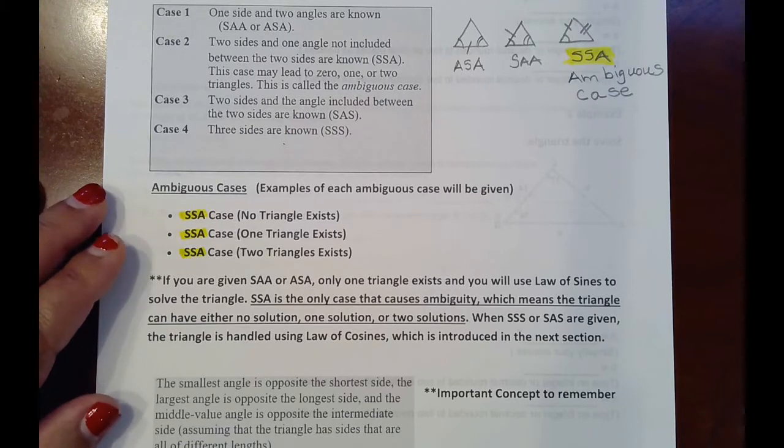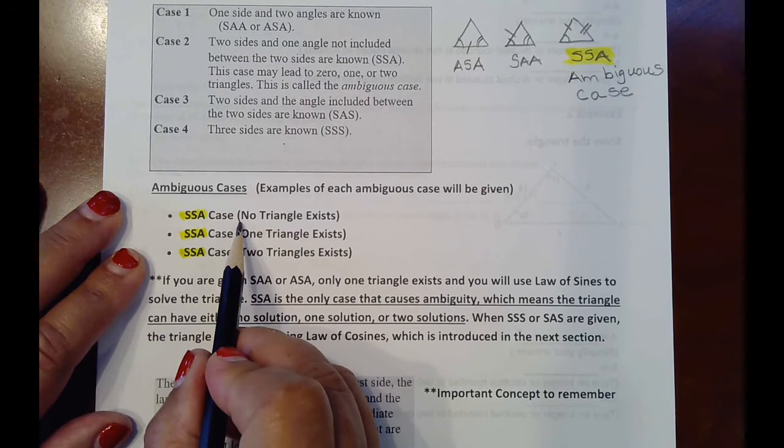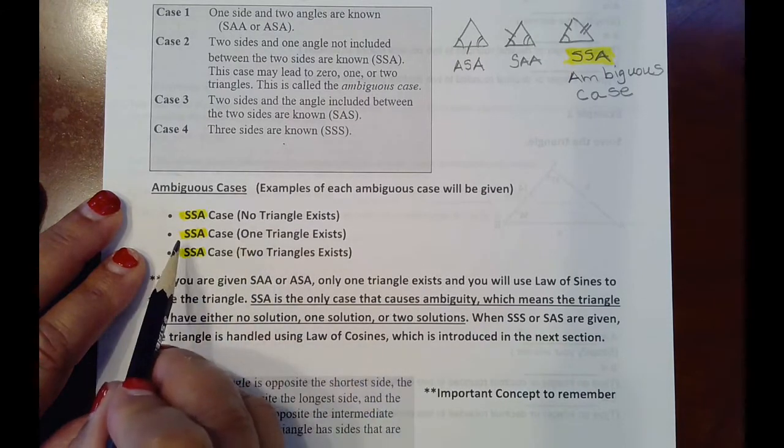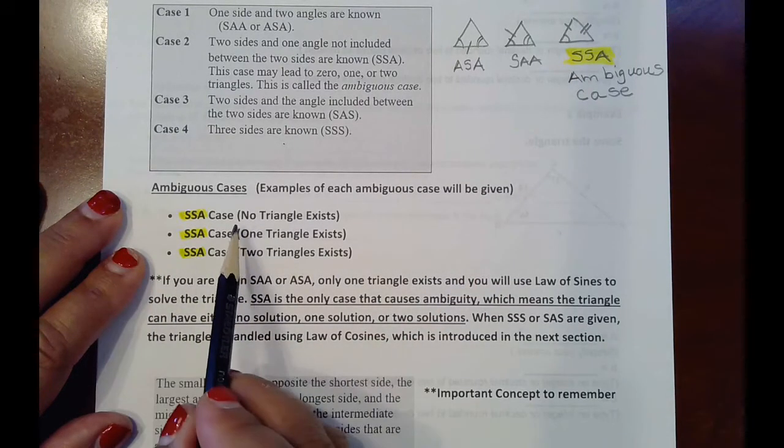You could either end up in a situation, if given side, side, angle, where the triangle doesn't even exist.